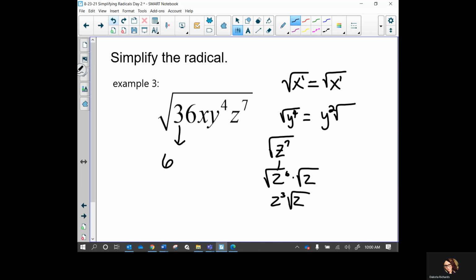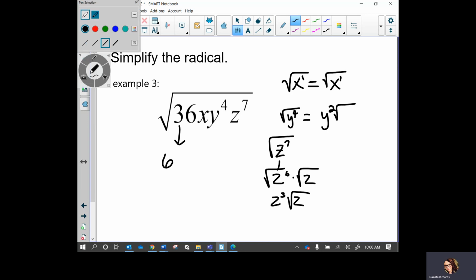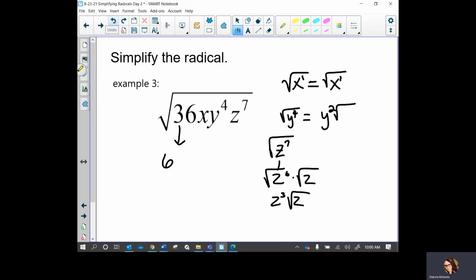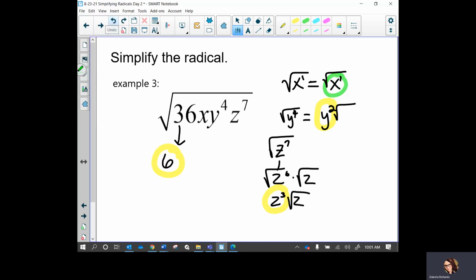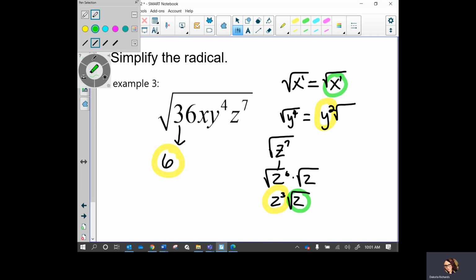Okay. So circle what we have on the outside. We have a 6. We have a y squared. And we have a Z to the 3rd on the outside. On the inside, we have got the X, and then we have the Z. Put it all together.